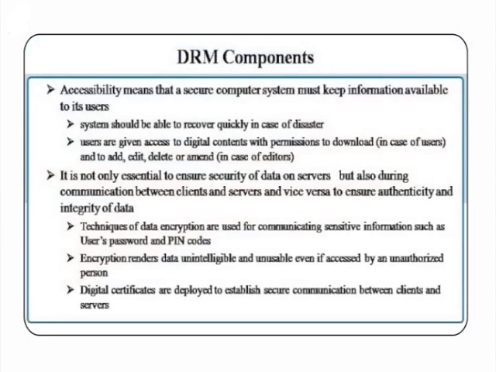Accessibility means that a secure computer system must keep information available to its users. The system should be able to recover quickly in case of disaster, and users are given access to digital content with the permission to download in case of users, and to add, edit, delete or amend in case of editors.